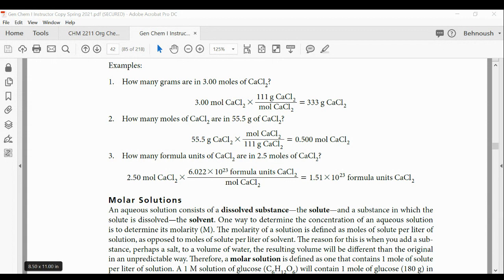So the number of moles of atoms is going to be number of atoms divided by Avogadro's number. So number of moles of molecules.